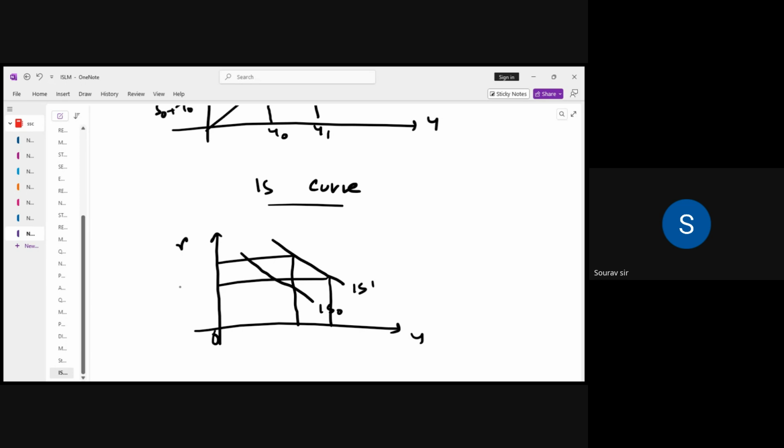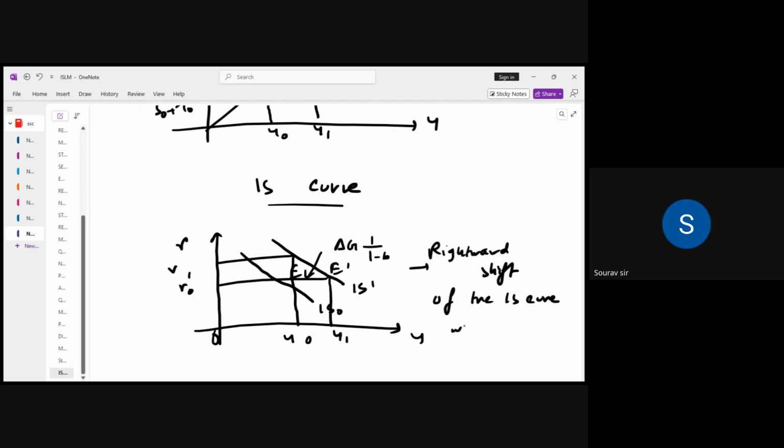So here R0, R1. Here E-bar. So here we have ΔG times 1 over 1 minus b. So it's IS0, it's Y0 to Y1. This actually is a rightward shift in total of the IS curve. Why? As I stated, with an increase in government spending.